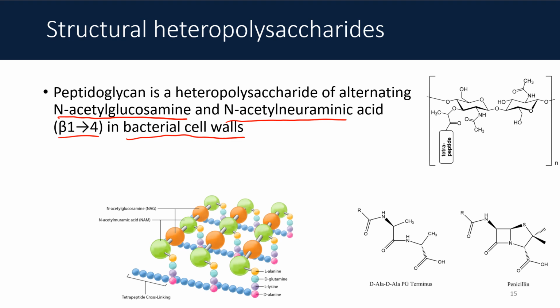But I want you to take note that peptidoglycans are actually a hybrid polymer consisting of polysaccharide and peptide intertwined. The carboxyl group of the N-acetylneuramidic acid group is actually a site of cross-linking. Over there, we will attach what's known as a tetrapeptide.